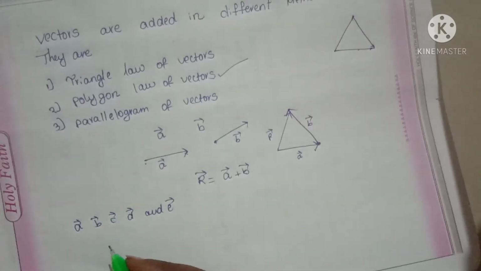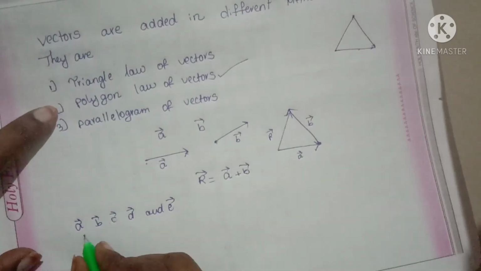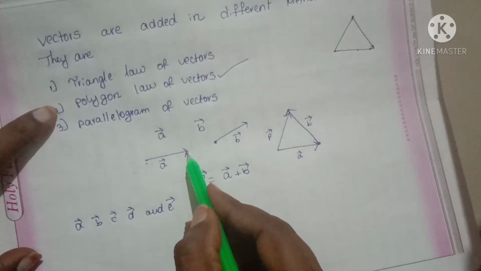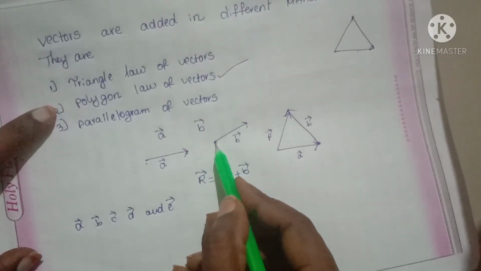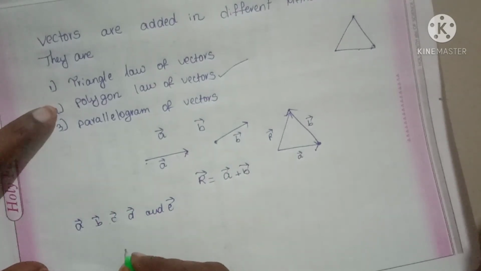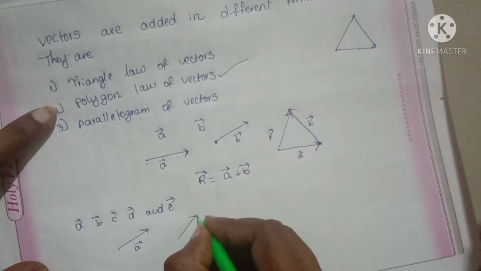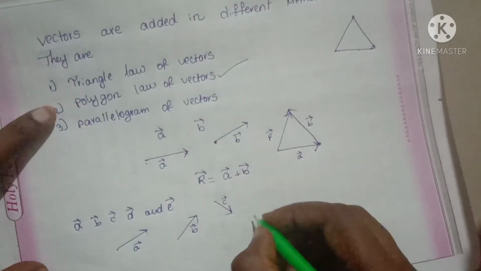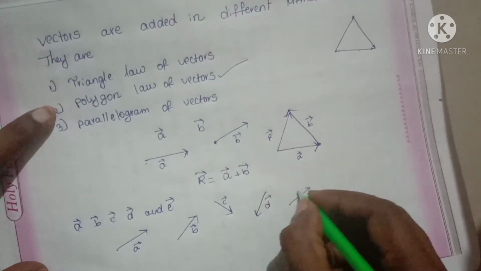Now how can you represent them by the polygon law of vectors? The same process: the head of a vector coincides with the tail of the next vector.